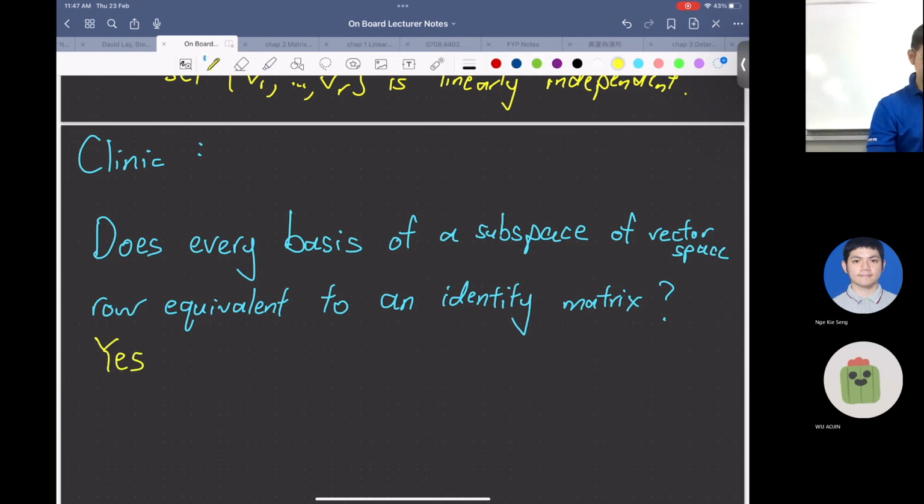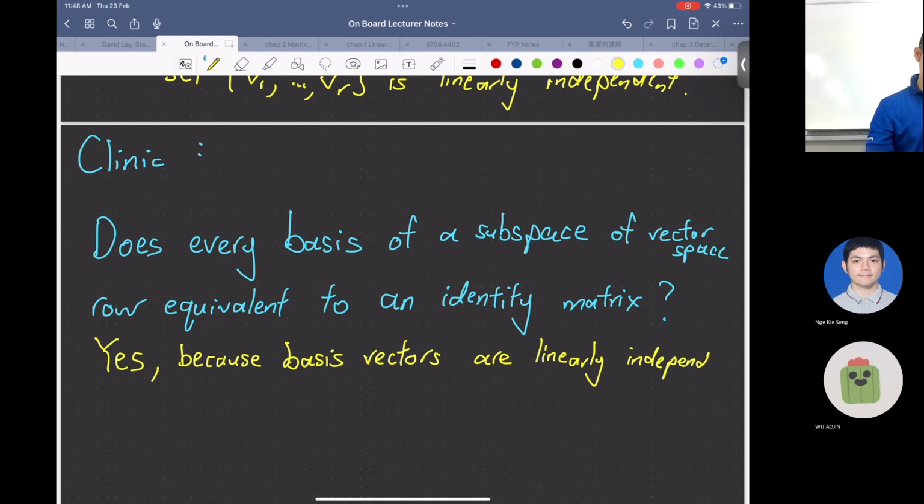You say yes because basis vectors are linearly independent, so it is row equivalent to an identity matrix.